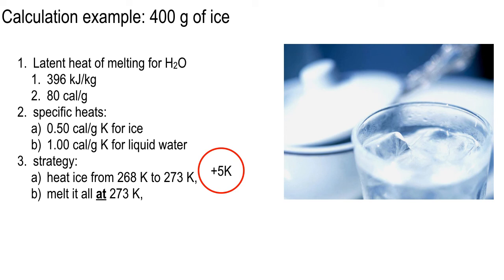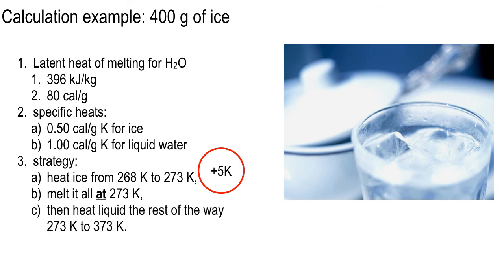And then every calorie we add at 273 will go into melting ice. The ice and water mixture will still be 273 until all the ice is melted. And when you got all liquid water at 273, the next calorie you add, by sunlight or propane burner or whatever it happens to be, is going to start raising the temperature. So it goes heat, melt, all of it, and then heat some more as a liquid.